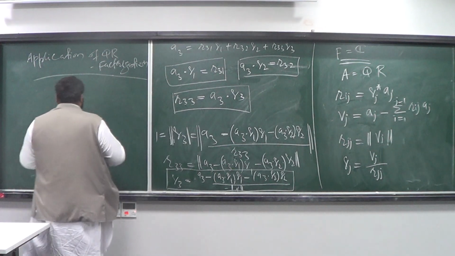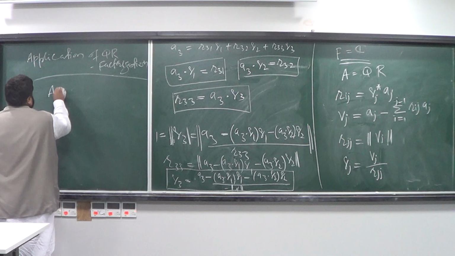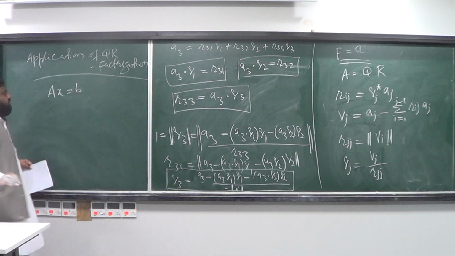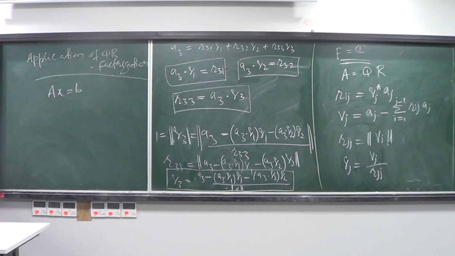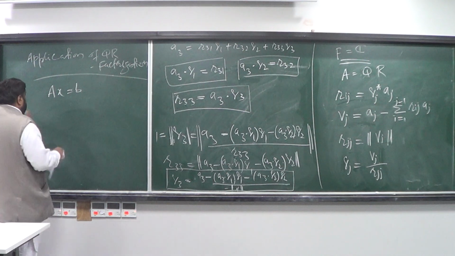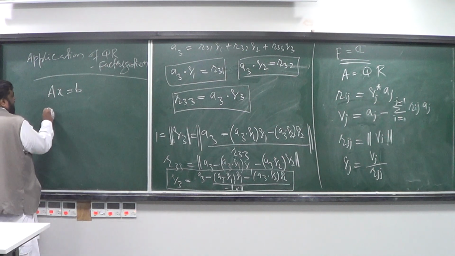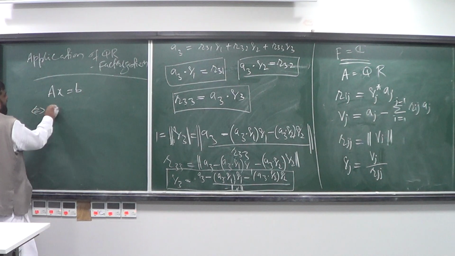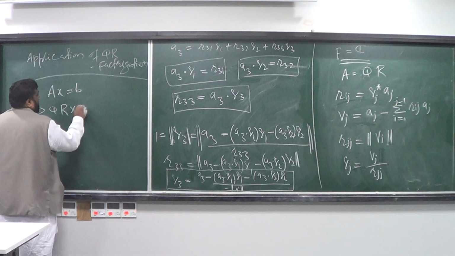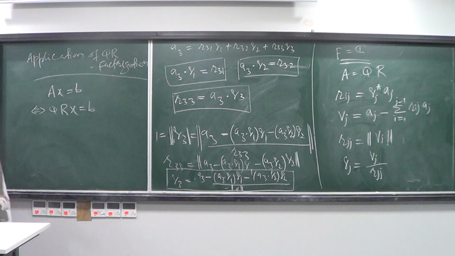So imagine you have a system Ax equal to b that you want to solve. Now, I know that I can factorize matrix A in terms of QR, so QRx equal to b.